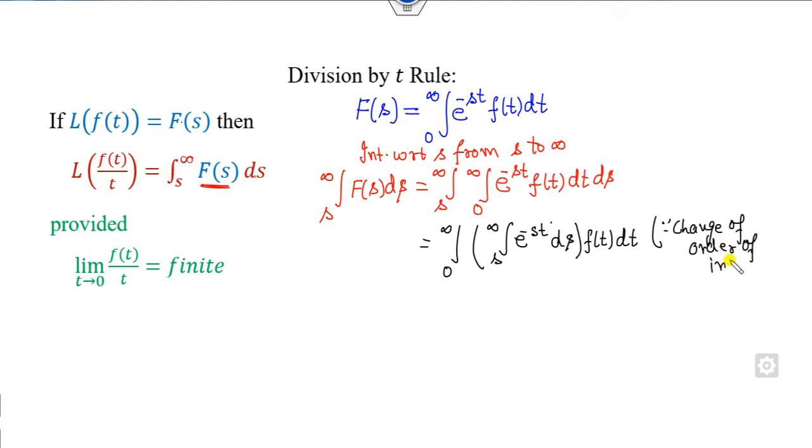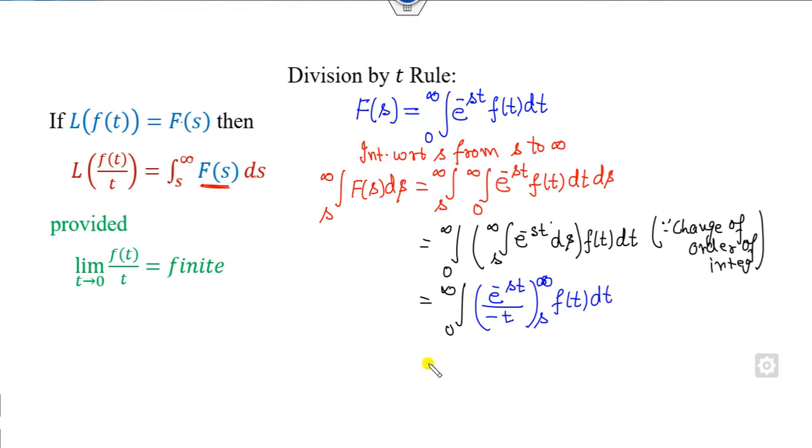Fine. You have studied that lecture in your last semester. Now can you do the integration of this? It is e raised to power minus st over minus t from s to infinity, f(t) dt.